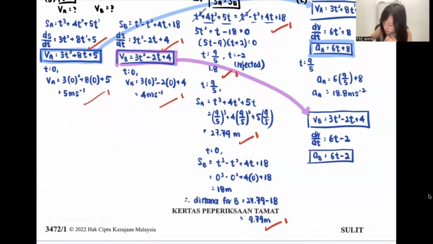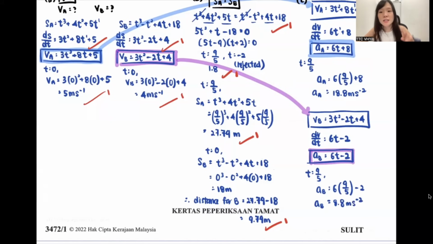Okay. This is your acceleration equation. With this equation, now again, you guys can sub the time 9/5. So AB equals 6 times 9/5 minus 2. Are you guys getting 8.8 meter per second per second? Okay. 3 marks.